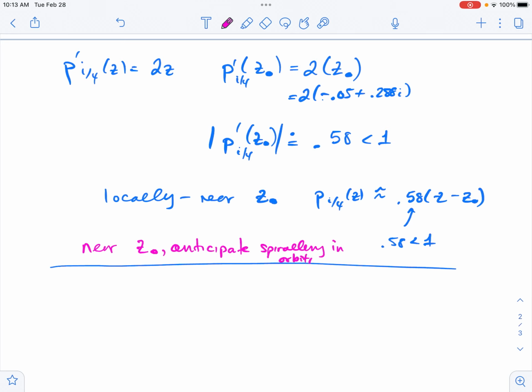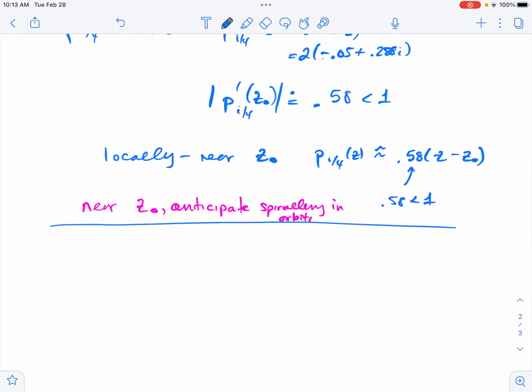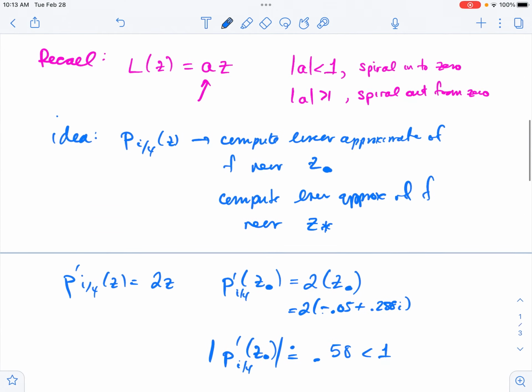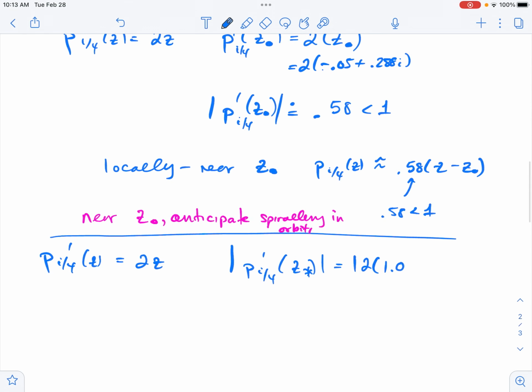If we run the same computation for the other point, that is to say, we write down p_{i/4} prime at z, which again is 2z, and we calculate the modulus of p_{i/4} prime at z star. Well, that's the modulus of 2 times 1.05 minus 0.288i.